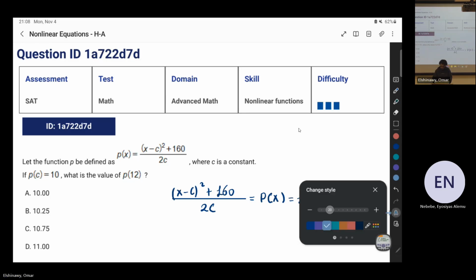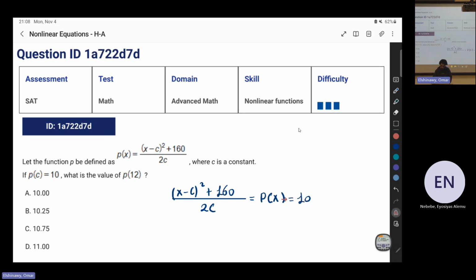But here we don't have x, we have c. So I put this c instead of this x, and this c instead of this x.